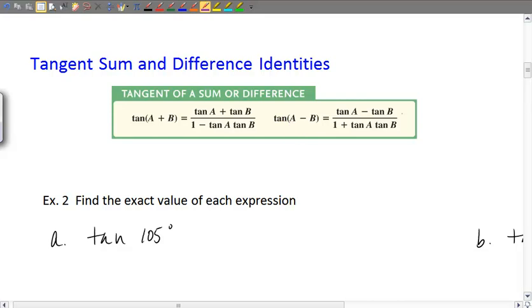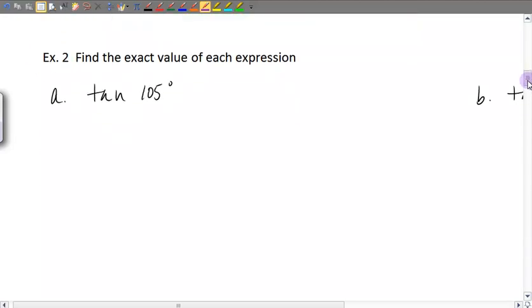Well, let's go using the same concept we just practiced with sine, and let's apply this using tangent. So again, I'm going to choose angles that add together to give me 105. I happen to choose 60 and 45, angles that exist already on the unit circle.